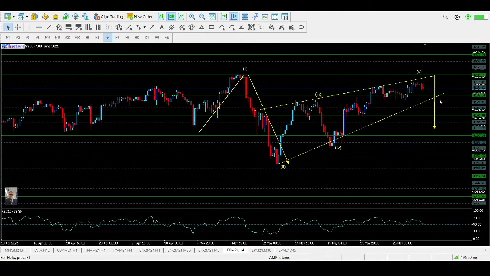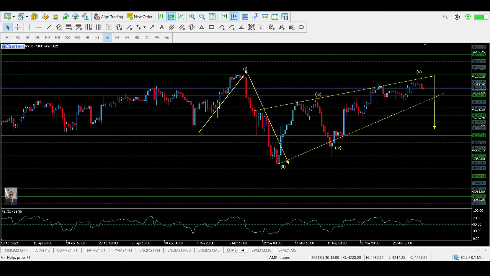So if it falls below 4189, 4190, we could be looking at 4145, even 4102, 4103. We'll watch and see what happens next week. The resistance level we'll be looking at here is around 4233, which is in line with the previous highs. And yeah, we'll watch and see.